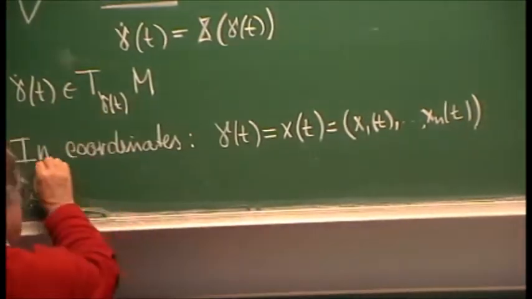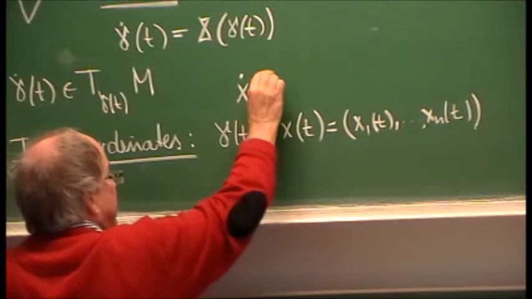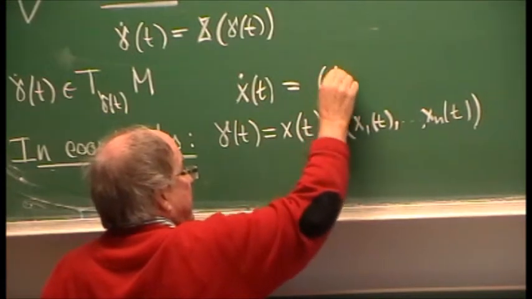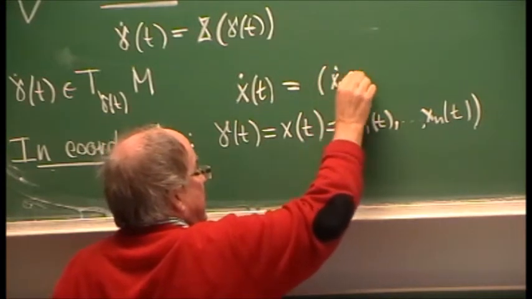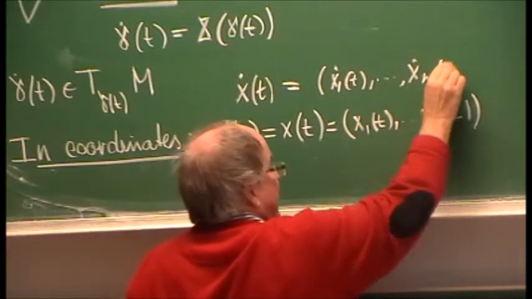And so it follows that the derivative, the velocity vector, we all know this, is just the derivative of the individual coordinates. That's really a vector there.